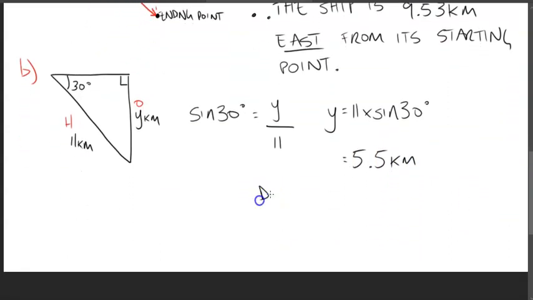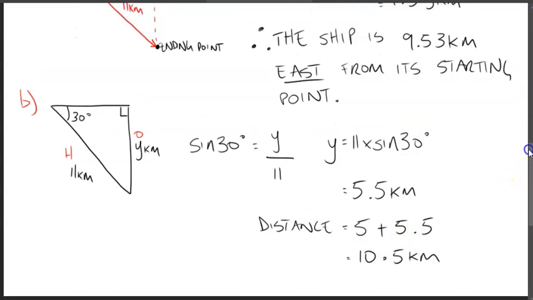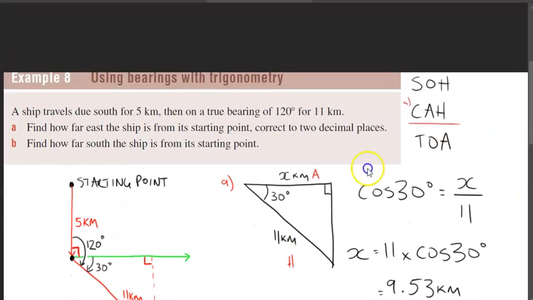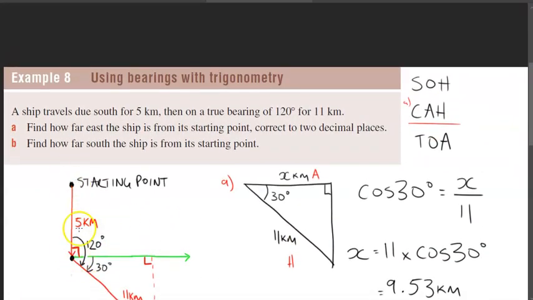So the distance, because we just worked out what this little length is down here, this distance is equal to 5 plus 5.5, which is 10.5, because you've got to remember the other length that we've got to consider at the start, which is that starting point over here as well.